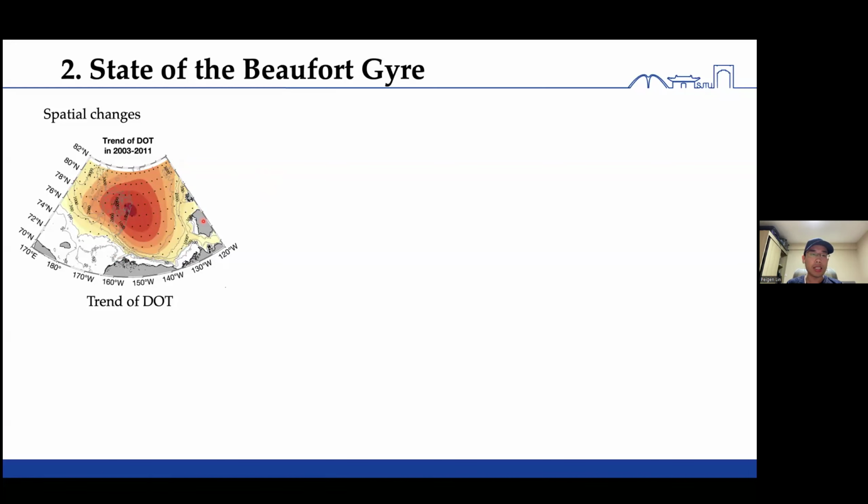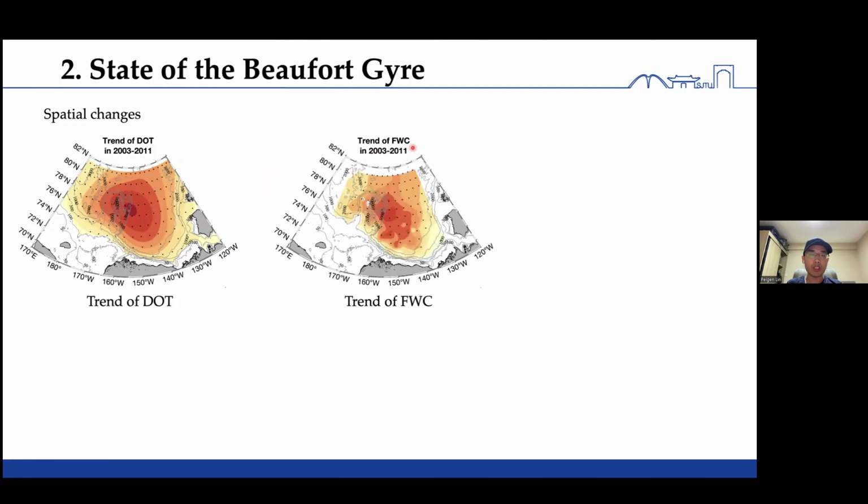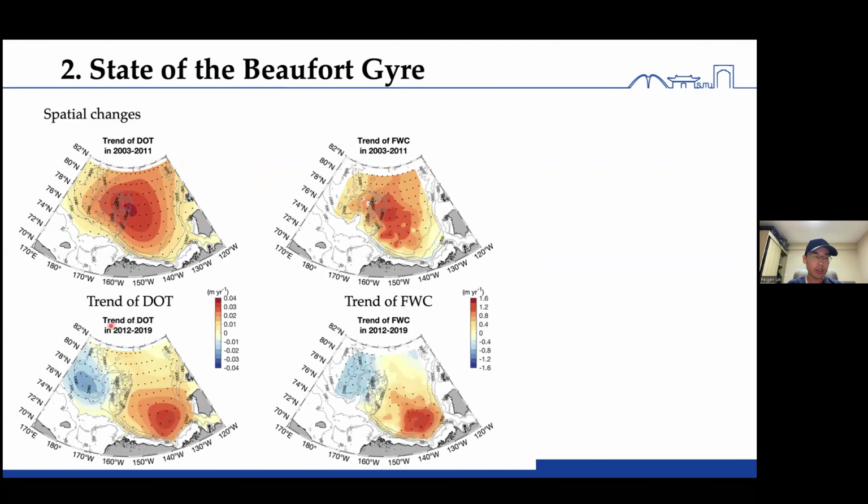Looking at the freshwater content in the same period, we see a really similar pattern, and it peaks at the northwest part of the Canada Basin. If we do the same calculation for the later period, 2012 to 2019, this is the trend for the DOT, and now things change.